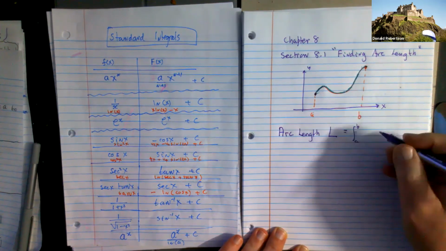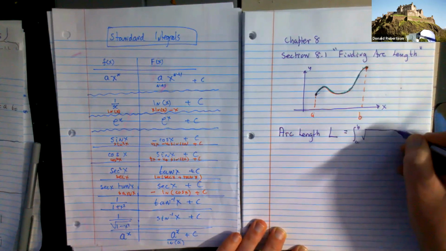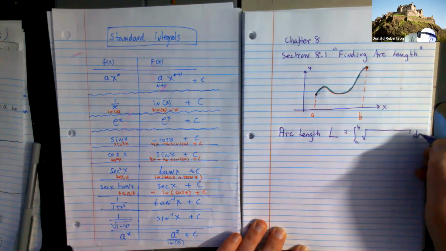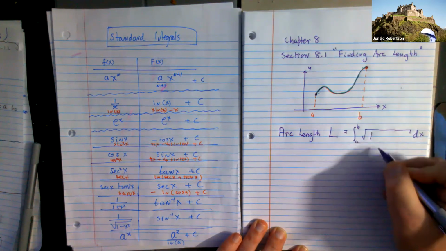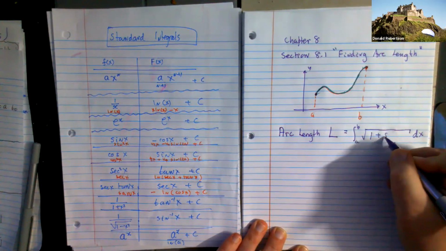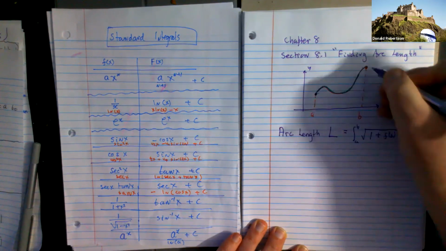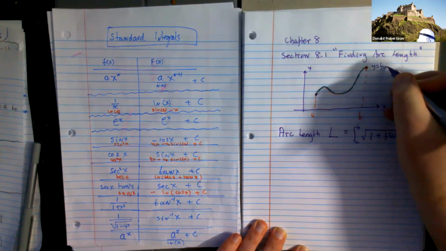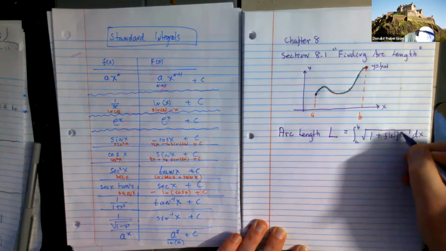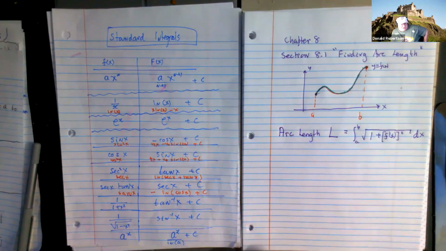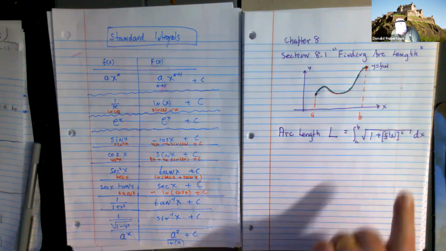And then a bit that doesn't quite make sense, but this is what works. The square root of 1 plus the derivative of this guy squared. So it's kind of magic, right? It's a formula I give you, and you can go and check the proof to make sure it works. But essentially, you have to find this guy.